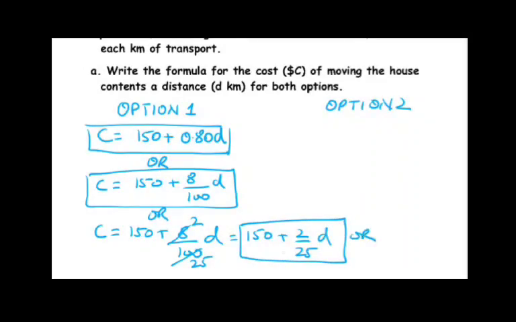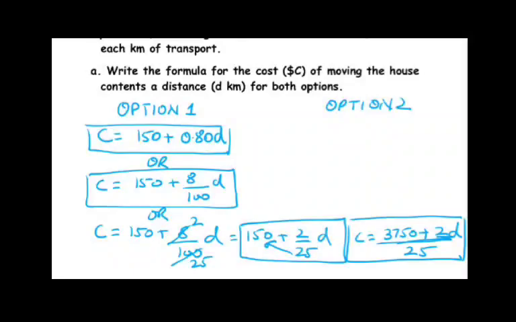Or if you make it common, it could be 3750 plus 2d, the whole thing upon 25. So any of these equations is good for option 1.